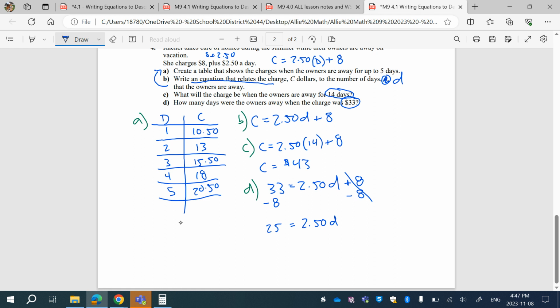Now to get the D by itself, it's currently being multiplied by $2.50, so we need to divide by $2.50. What we do to one side, we have to do to the other. Any number over itself is just 1, so we can cross that out. And the number of days equals 25 divided by 2.5. I can tell by looking at it that's 10. So the owners would need to be away for 10 days for her to make $33.